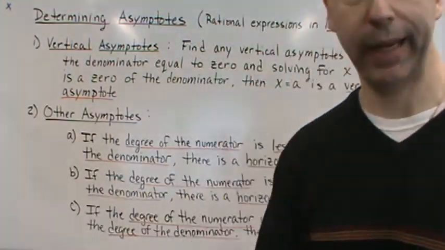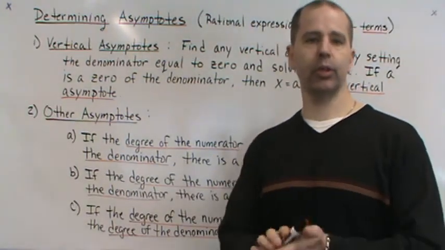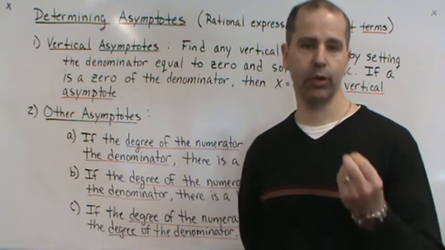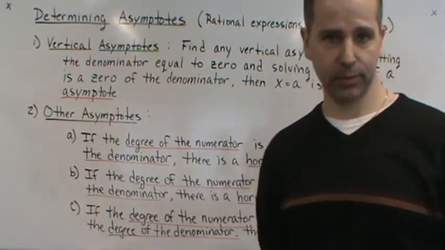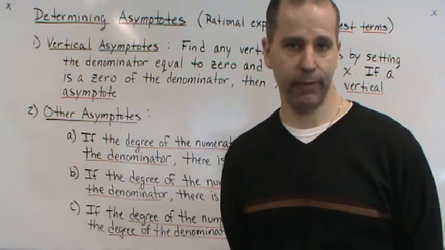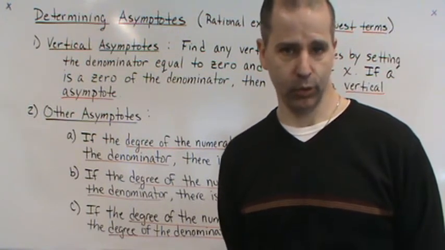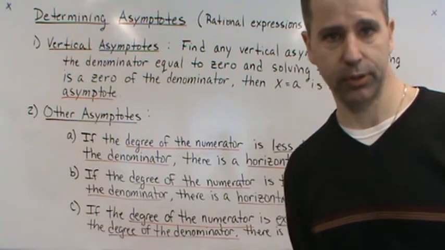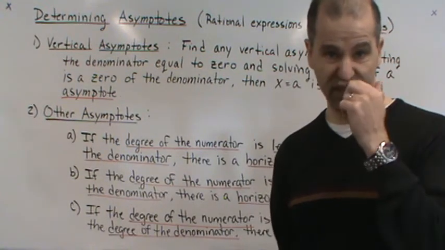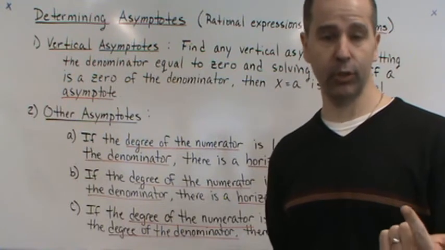Okay, so welcome back. Today we're going to talk about determining asymptotes. There are three types of asymptotes that we're going to learn how to determine and find today, so just listen and make sure you're taking notes. Of course, we've already talked about two of the kinds of asymptotes: vertical and horizontal.